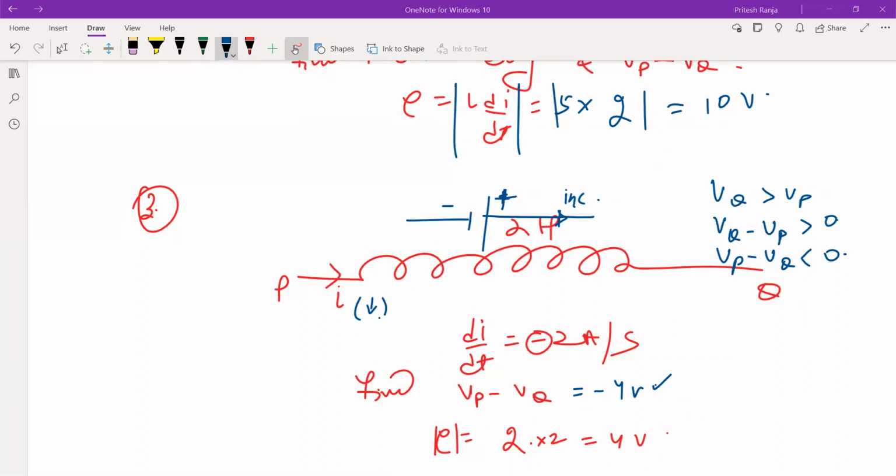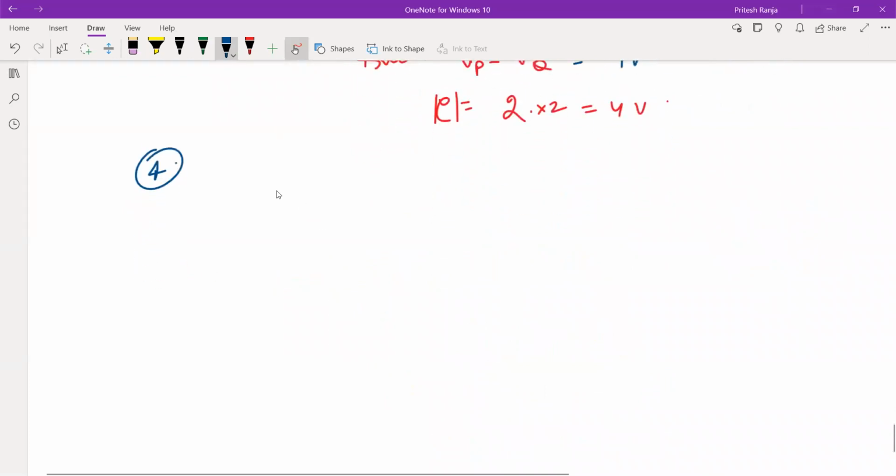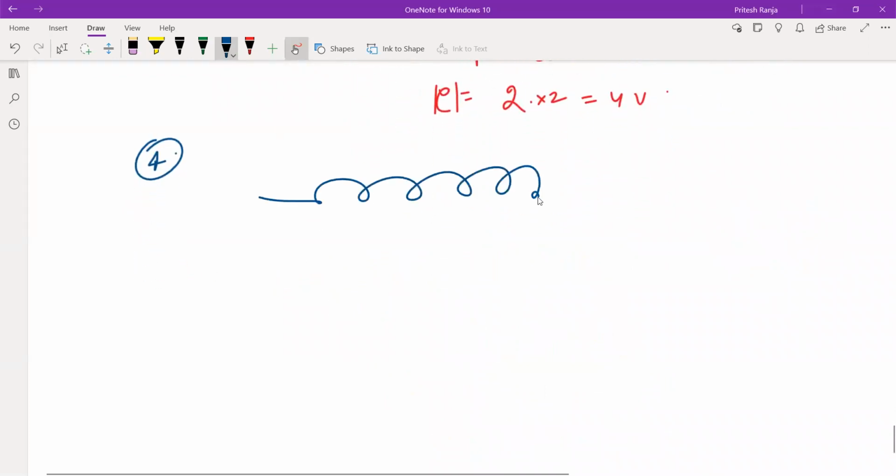Okay, let us suppose we have another question here. So we have this point A, this point B. Inductance, let's say we take it as 3 Henry. Self-inductance is 3 Henry.